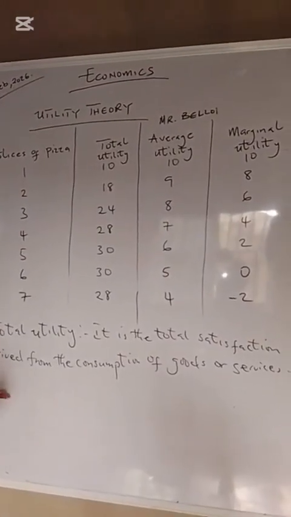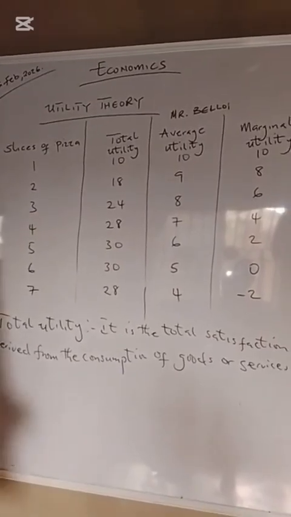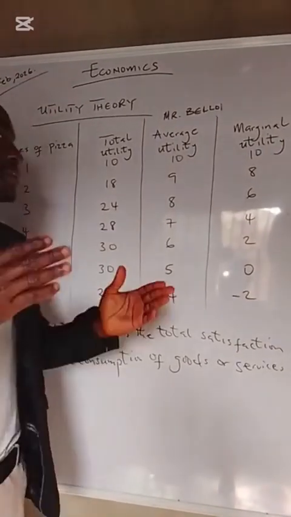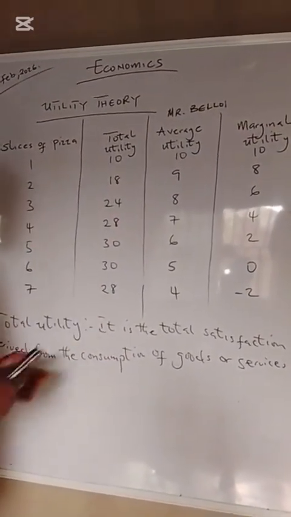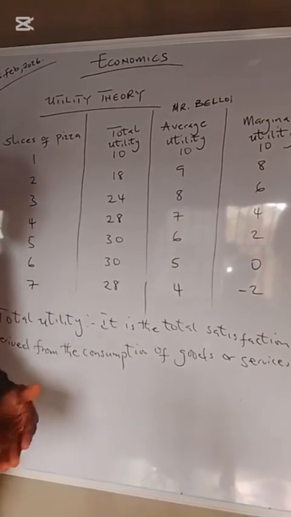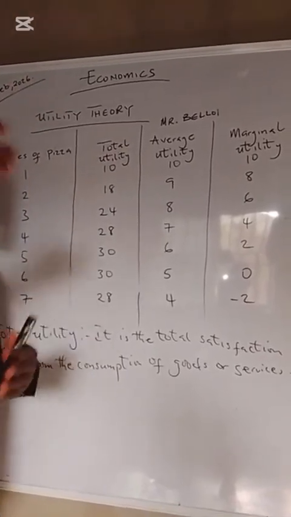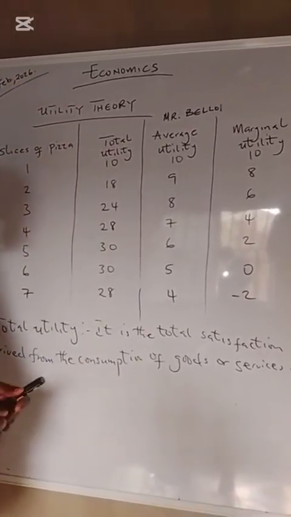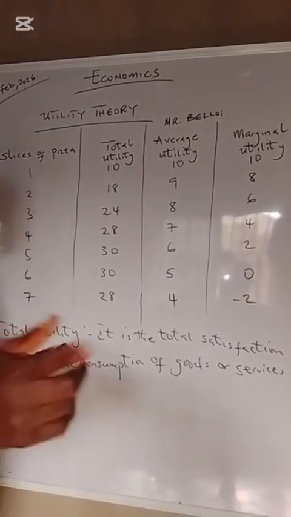What I'm trying to explain here is that at the beginning, ab initio, the satisfaction that you derive from the commodity you are consuming will be increasing at the initial stage, but later on, it will decrease at the eventual stage. Look at this table.